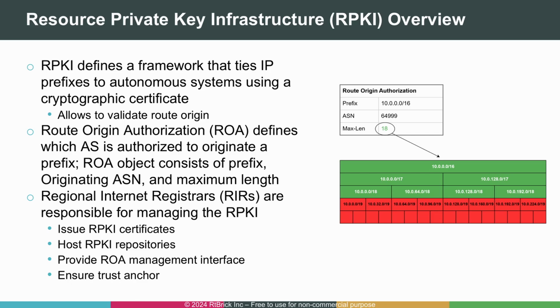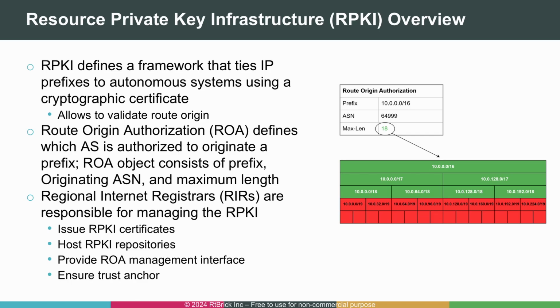For example, a ROA for 10.0.0.0/16 with a maximum length of /18 would authorize the advertisement of any subprefix between /16 and /18 by the specified AS. Since regional Internet registries manage the distribution of IP address space and ASNs, they also manage the RPKI system.